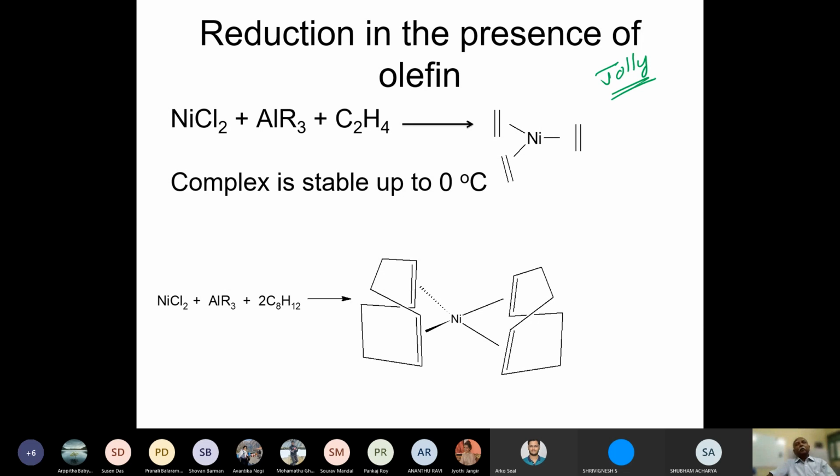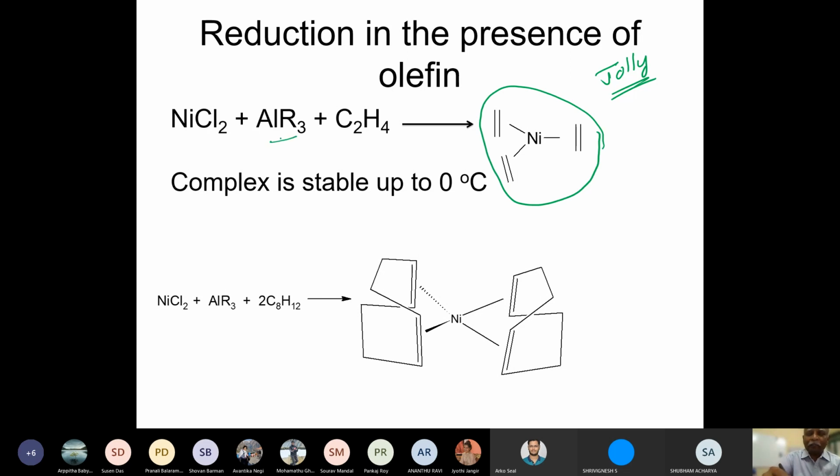W.L. Jolley, and this person synthesized a lot of nickel olefin complexes, and these olefin complexes had interesting reactions. We'll talk about these reactions later, but unfortunately, they could be generated in a very facile fashion only at very low temperatures.